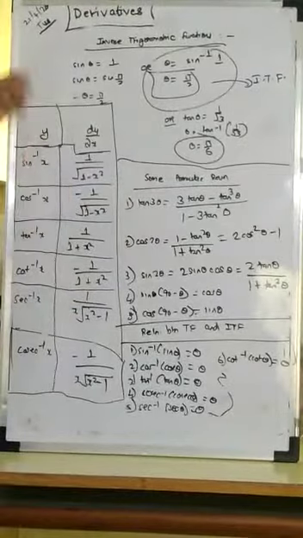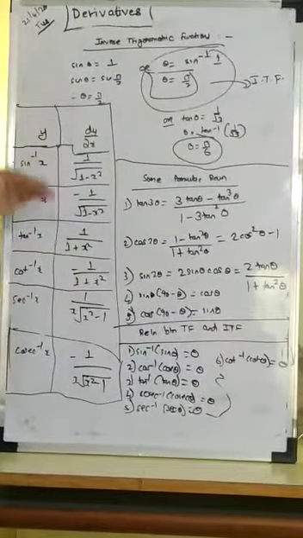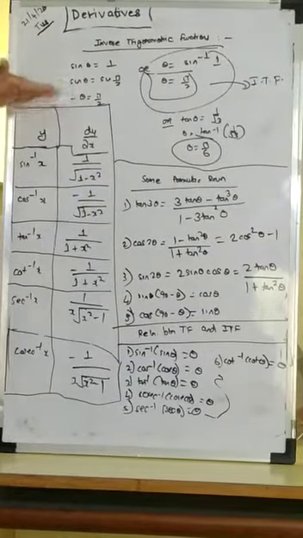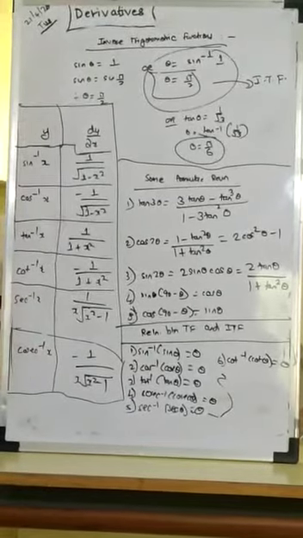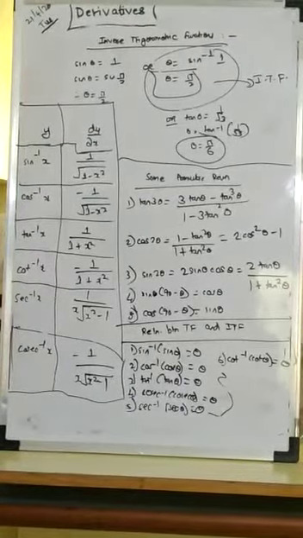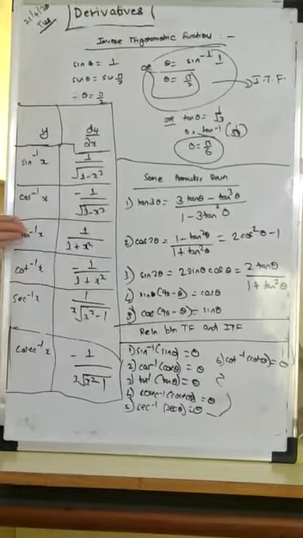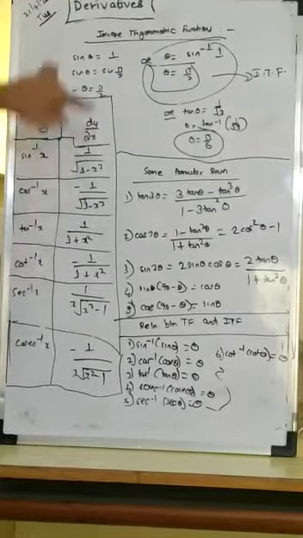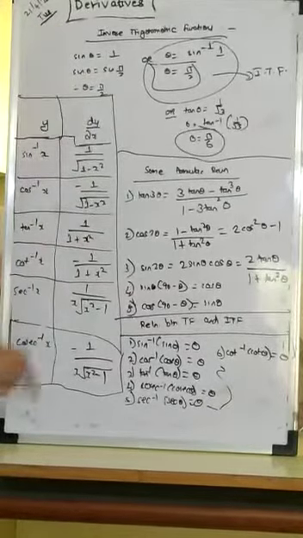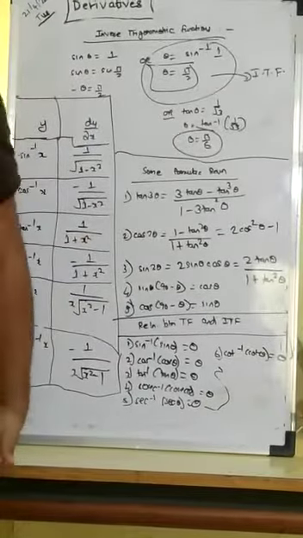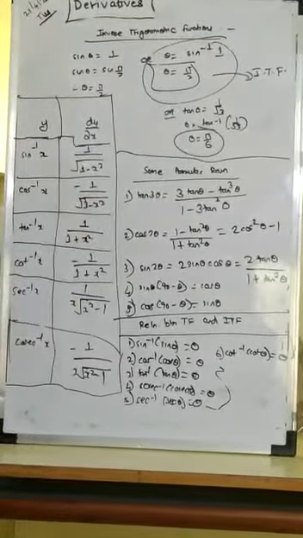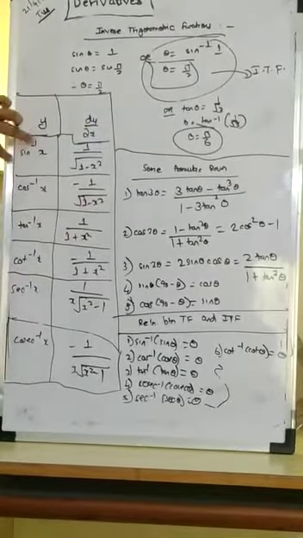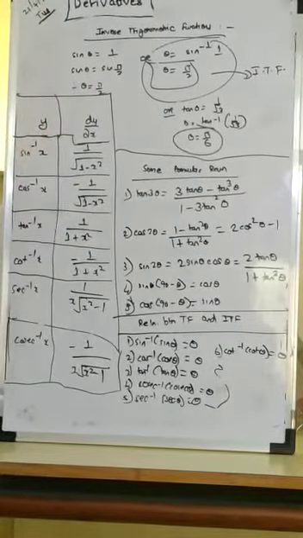So some basics: if my functions of x are the inverse functions of the 6 basic trigonometric ratios, sine inverse x, cos inverse x, tan inverse x, cot inverse x, sec inverse x, cosec inverse x, their dy by dx or their differentiation formulas are given below. So if d by dx of sin x is cos x, d by dx of sin inverse x is 1 by root 1 minus x square.